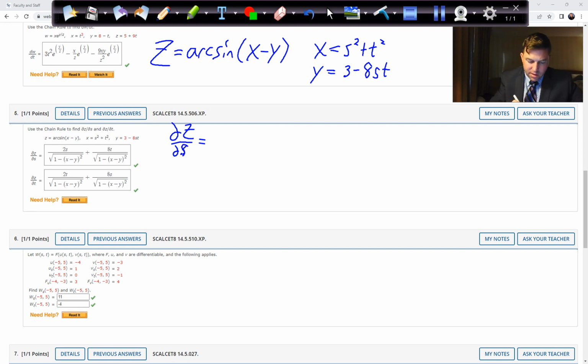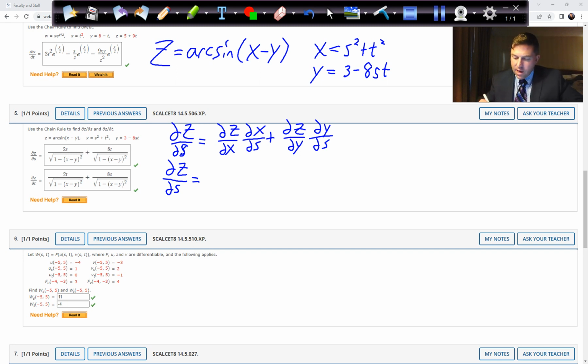dz/ds would be dz/dx dx/ds plus dz/dy dy/ds. This is going to equal dz/dx. So if you have the derivative with respect to x of arc sine of x, that's equal to 1 over the square root of 1 minus x squared.